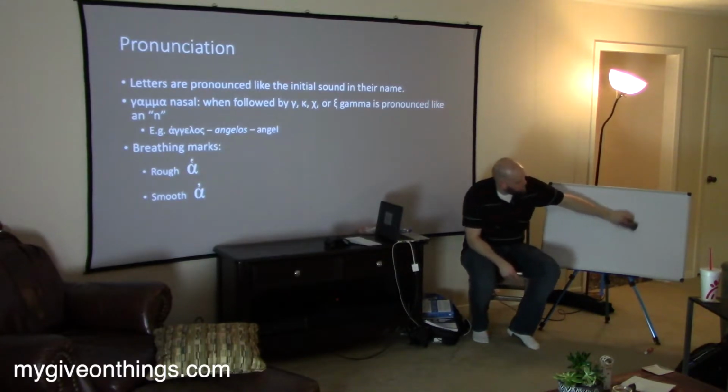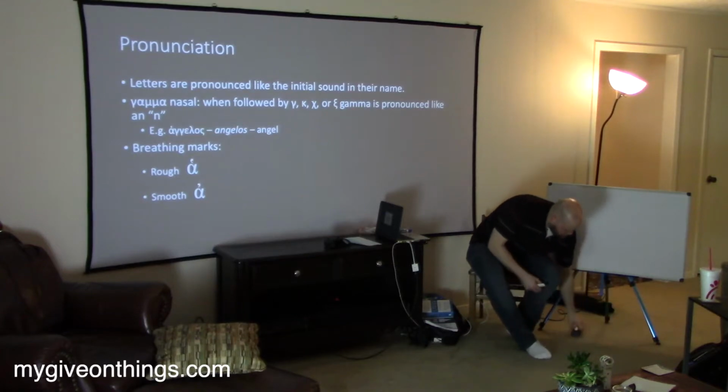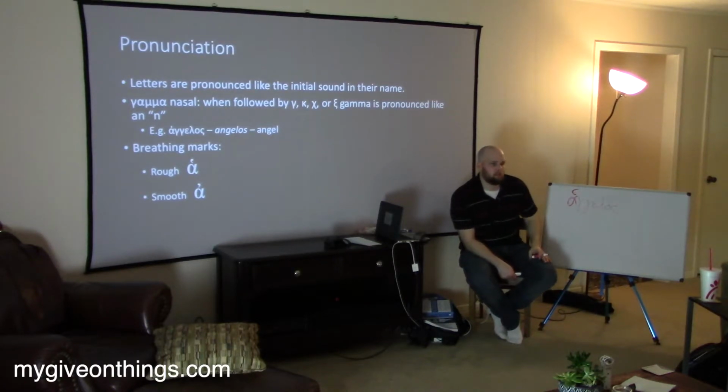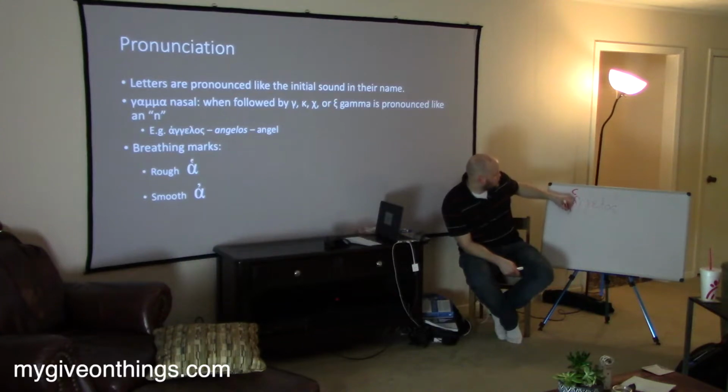So, if a word starts with a vowel, such as our word that we've already seen, angelos, any word that starts with a vowel is going to have either a rough breathing mark, which looks just like a tiny little C, or it's going to have a smooth breathing mark.